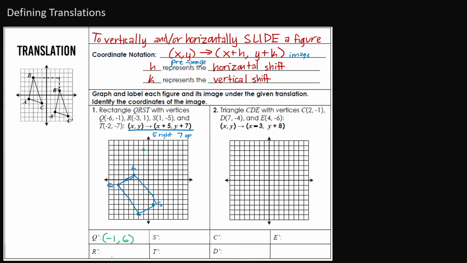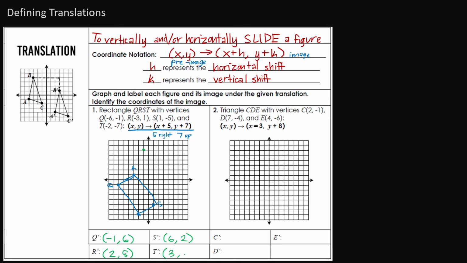R prime would be -3, 1. -3 plus 5 is +2. And 1 plus 7 is 8. S prime would be 1 plus 5 is 6. And -5 plus 7 is +2. T prime would be -2 plus 5 is +3.